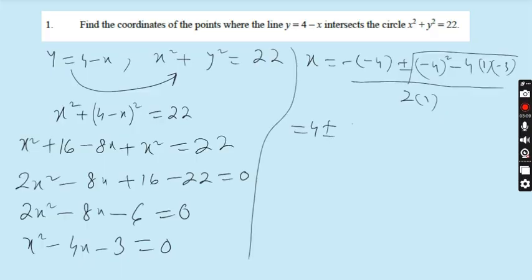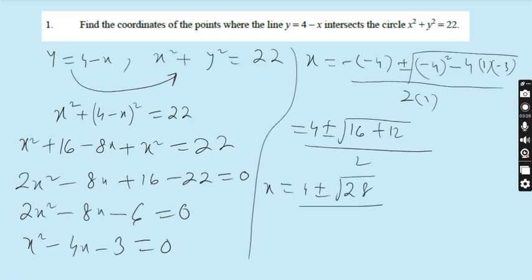So 4 plus minus square root of 16, 4 3s are 12, minus minus plus, 16 plus 12 is 28, divided by 2. The root of 28 is 5.29, upon 2.